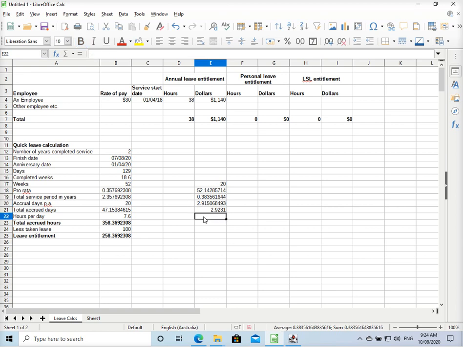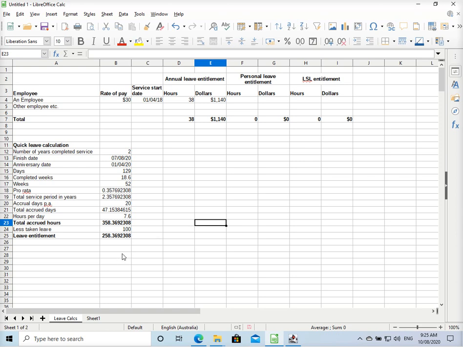Anyway, if you are doing that, you should test that in your first pay run to just make sure it is accruing at the right rate. Okay, yeah, so that's some technical content, I guess, but when you are calculating people's leave, you do need to try to get it right.